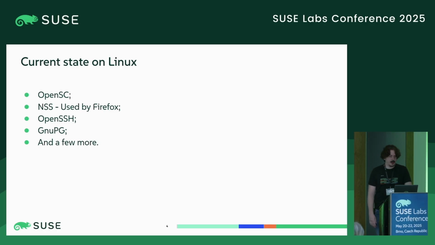There's NSS, libNSS. This is used by Firefox. You can use Firefox to load certificates, sign things, access government resources. There's OpenSSH as well, which can load and use tokens, GPG, and a few more. There's interfaces for OpenSSL and so on.